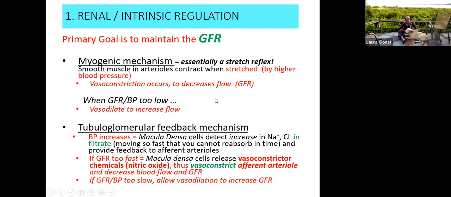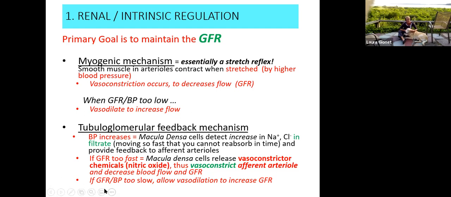And thus they vasoconstrict, which then decreases the GFR back to a normal rate. When glomerular filtration rate or blood pressure is too low, then those blood vessels have a tendency to dilate some and let more blood pass through and increase the flow. So it's generally this myogenic, meaning muscle, mechanism: if the blood vessel stretches a little bit, then it rebounds back again. Kind of like Frank-Starling's law of the heart. You stretch it, it contracts back again.